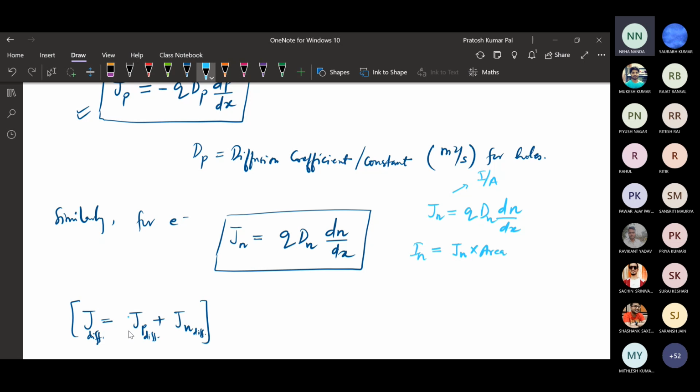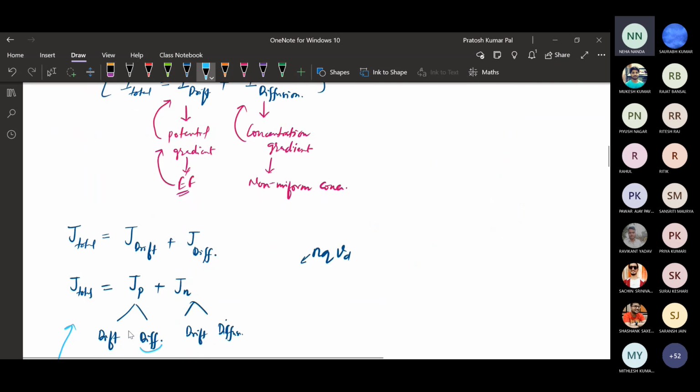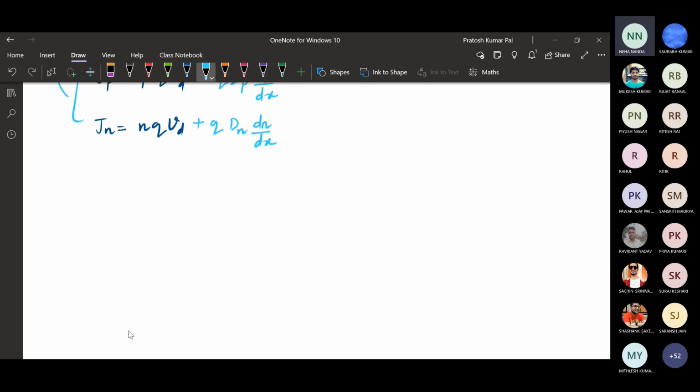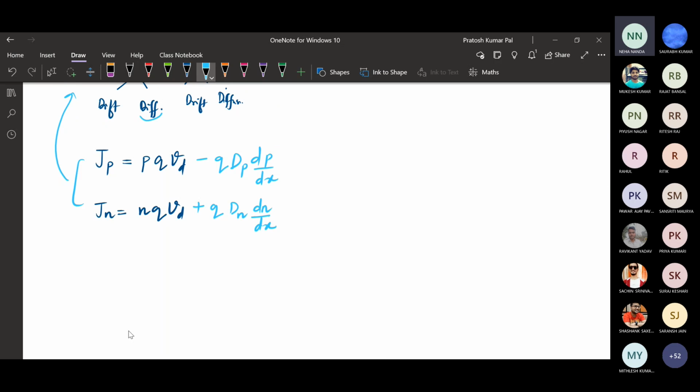Once we know the area, we can multiply this current density by area to get this diffusion current. Similarly in case of holes also, we can multiply with the area to get the current because of the holes, and by adding these two we can get the total current. Okay, so this is the overall formula for the current.